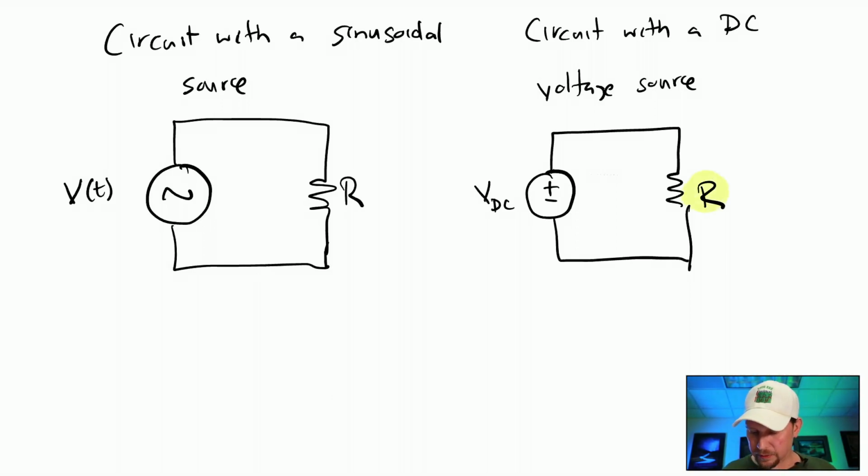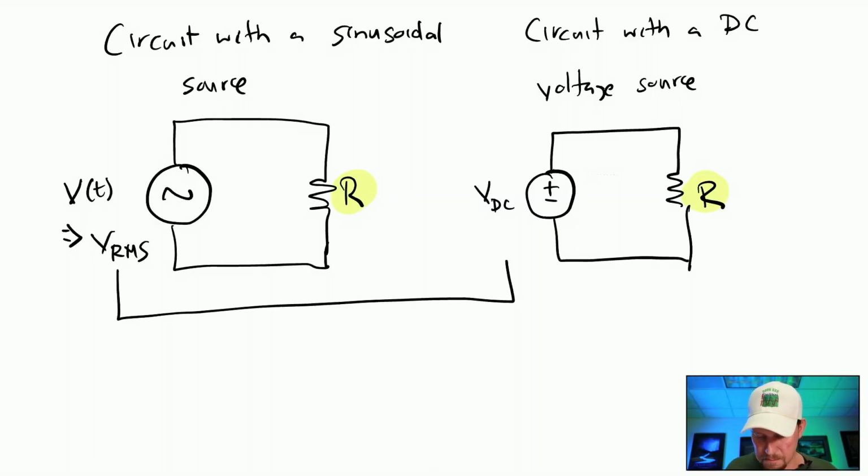The power that is delivered to this resistor and that resistor with two different sources is absolutely the same, provided the RMS value of this source matches the DC value of that source, right?